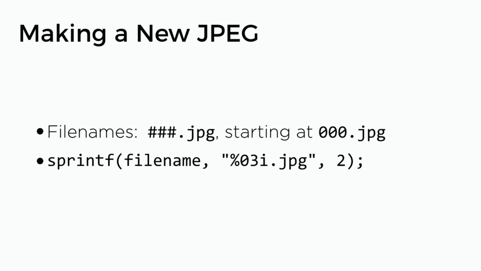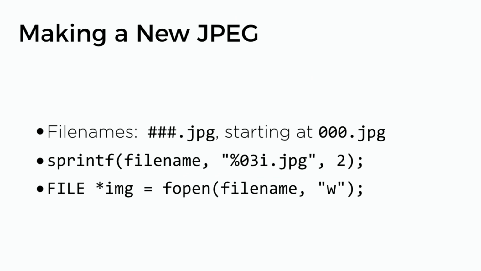And the final parameter is the number that you want to substitute, in this case 2, where the result would be that the filename string would now contain 002.jpg instead. Make sure that filename, though, has enough memory or has enough characters to fully represent this entire file name.